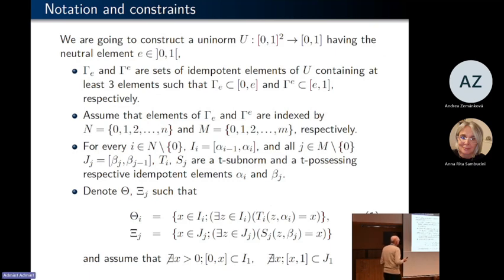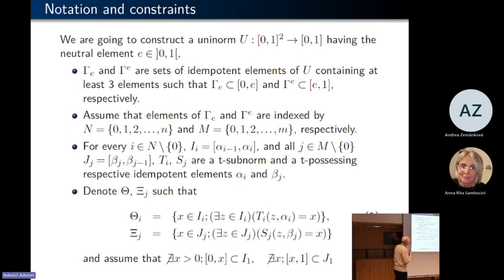So we will construct a uninorm that will have a neutral element e somewhere between 0 and 1. Gamma sub e and gamma upper e are sets of idempotent elements of this uninorm mu. Each of them contains at least 3 elements.